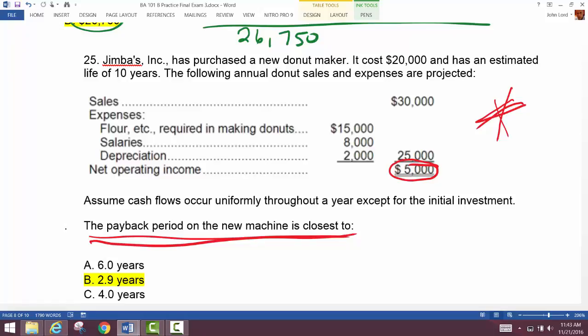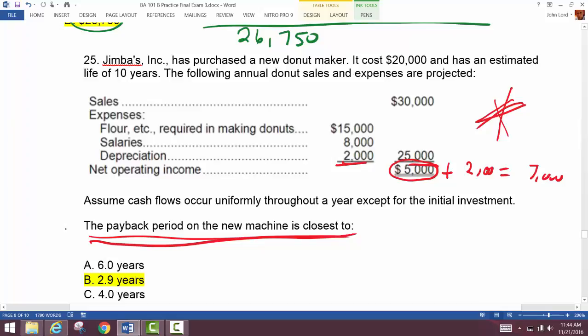So the cash flow on here is not 5,000. The cash flow is what? 7,000, isn't it? So that's going to be 7,000. Okay.